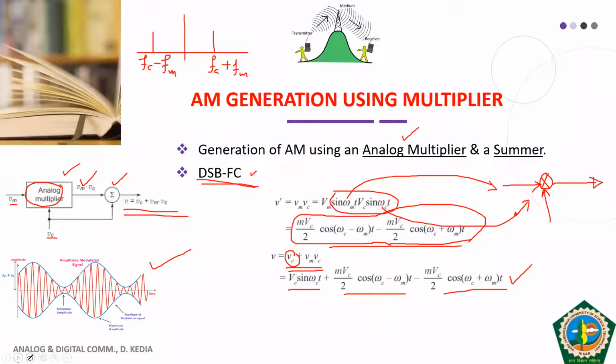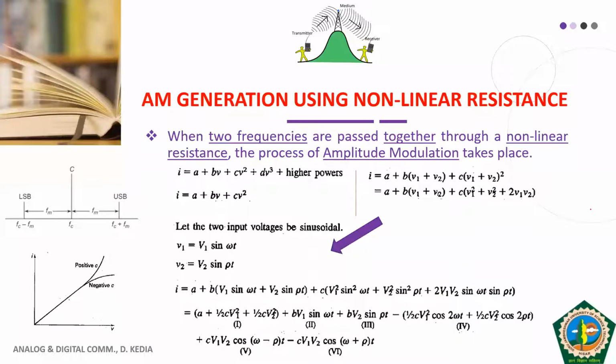So the next method to generate an AM signal is using non-linear resistance. By using non-linear resistance, we can generate an AM signal, and we will see how we can do that.